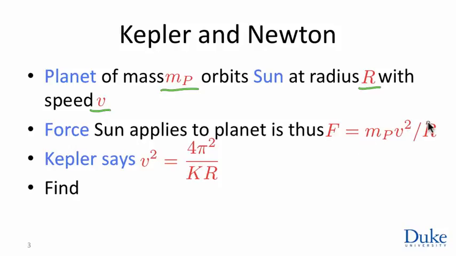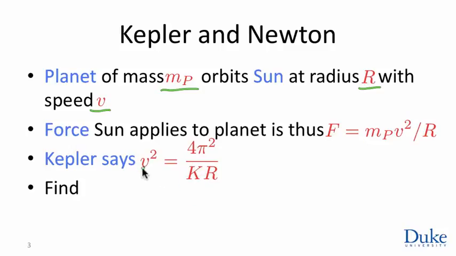Now, two clips ago, when we studied Kepler's laws, we found that for any planet that orbits the sun, there is a relation between v and r that is independent of which planet you are considering. For all of the planets, the square of their speed, v squared, is 4 pi squared divided by this interesting constant that I called k for Kepler, times the radius of the planet's orbit.